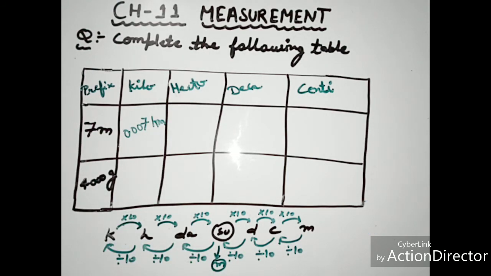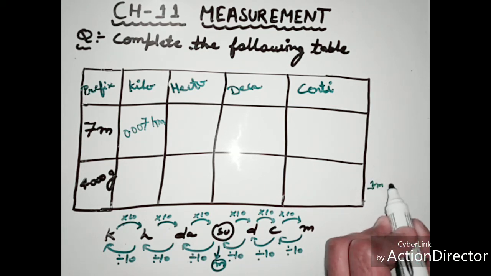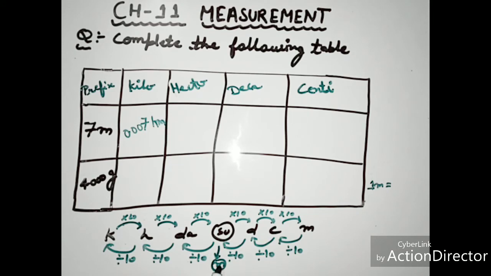So first we check how many hectometers in 1 meter. So 1 meter equal to, meter is here and hectometer is here. So it's move lower to higher and 2 places, means 1 upon 100. So 1 meter equal to 1 upon 100 hectometer. So we divide 7 by 100.